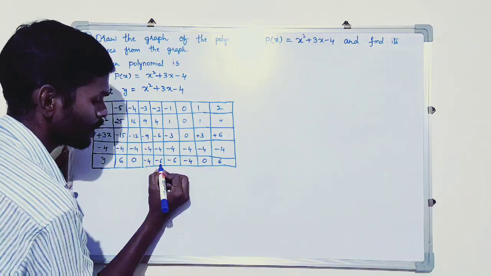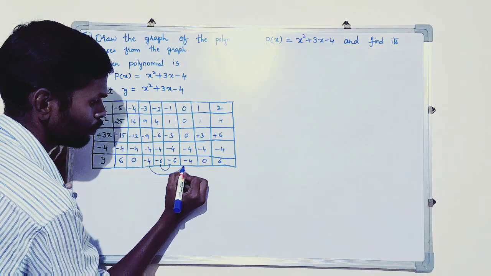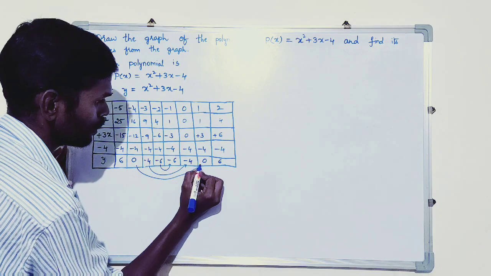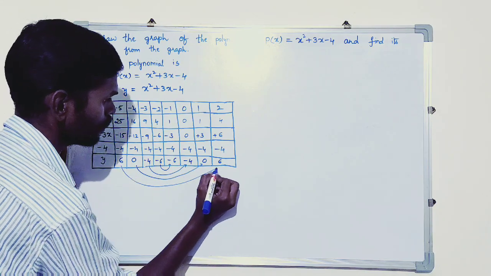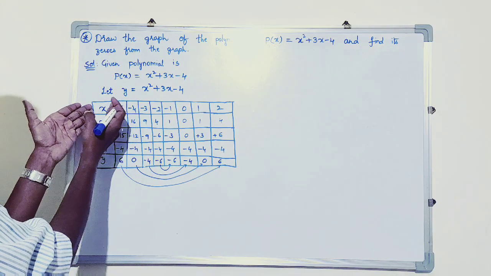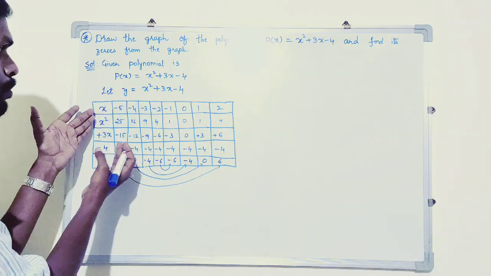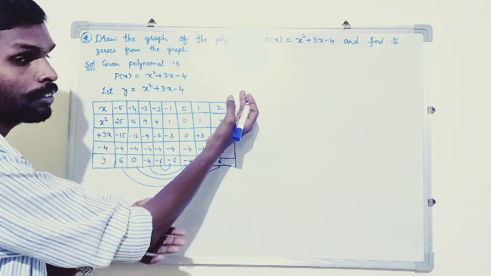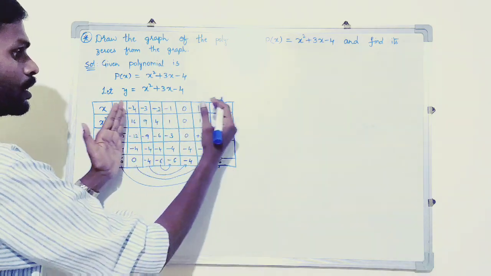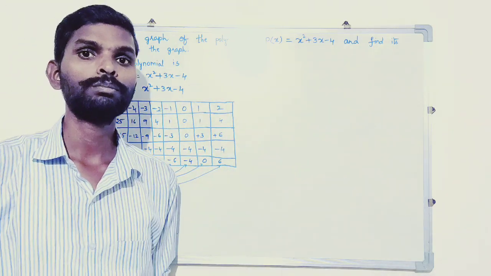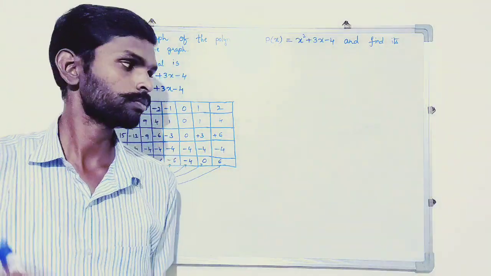See, the values come like this: minus 6 came here, minus 4, 0, 6. And similarly, for x equal to minus 6, whatever value comes, the same value will be there for x equal to 3. Like this it will go, because you know that the parabola shape will be like this, right?